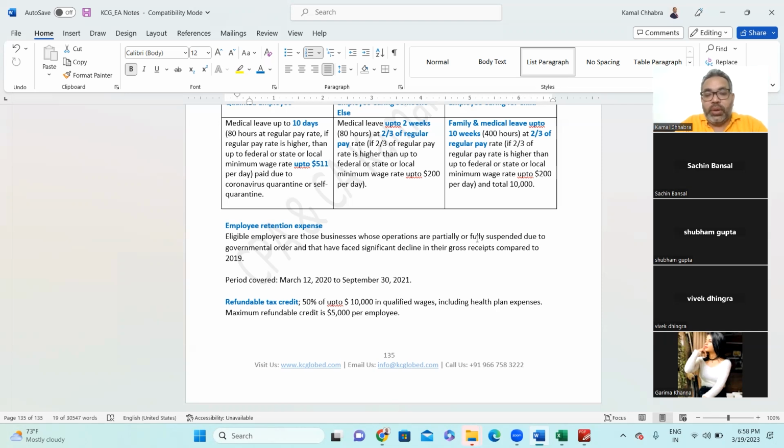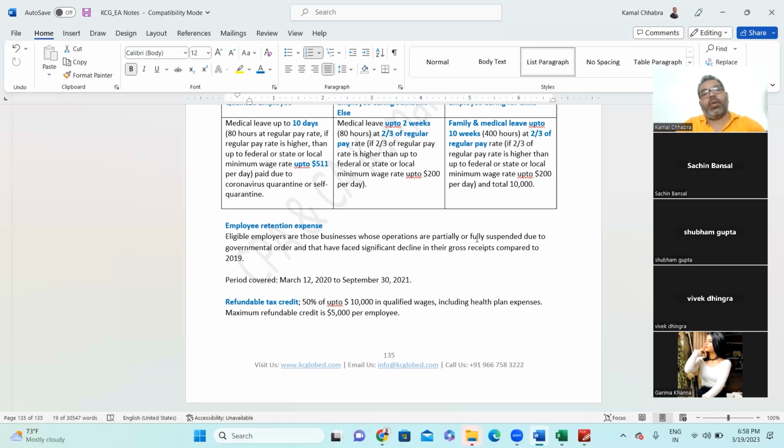It is 50% of up to $10,000 in qualifying wages, including health plan, and the maximum refundable is $5,000 per employee. So the employer can spend $10,000 per employee, and then claim 50% of that as a tax credit. That means $5,000 per employee for the employee retention expenses, right?